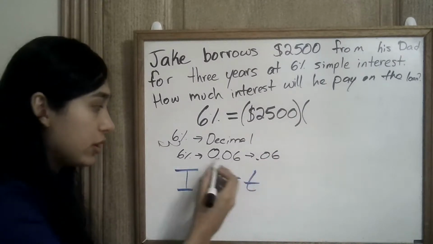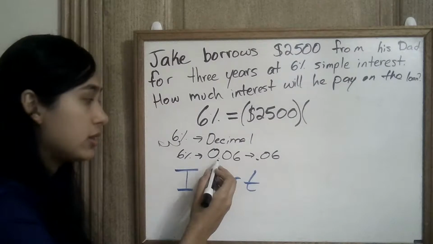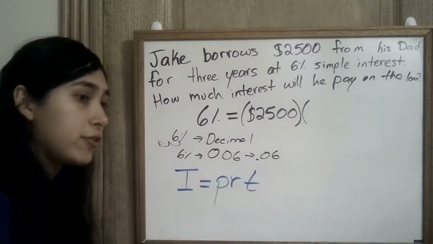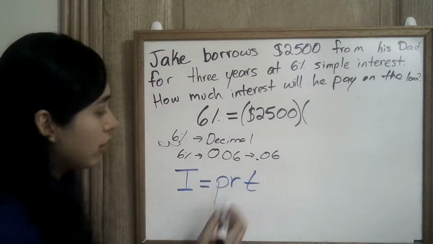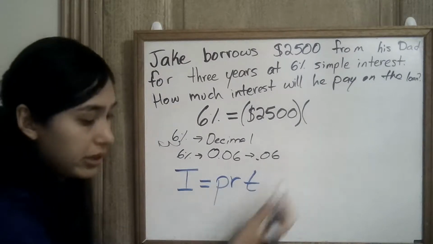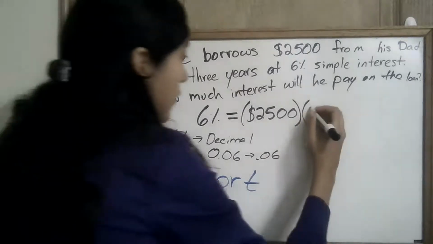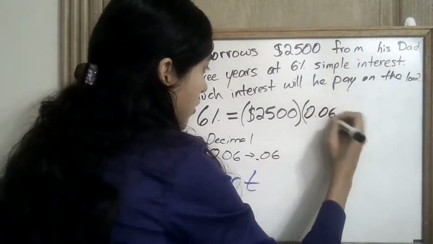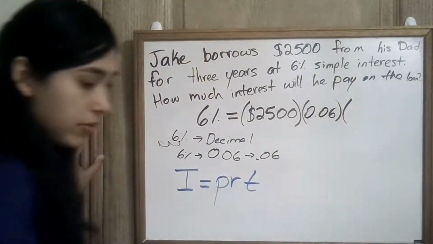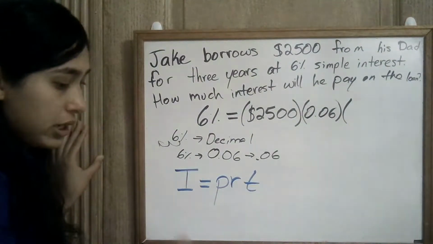Same thing, I can have a little 0 in front of the decimal place. Just be very careful and be consistent when you're doing your math. So I will go ahead and substitute the rate over here. Okay, and then the time, we're saying it's 3 years.